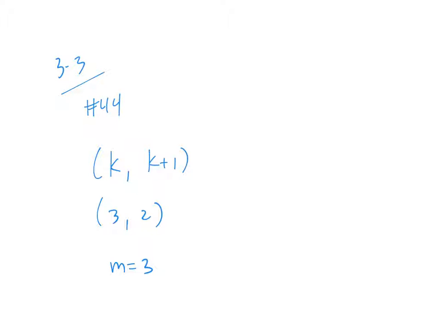So I have to think about my definition of slope. How would I find slope? Rise over run. Okay. Do you remember that from class too? Okay. K plus 1 minus 3 over k minus 3. Start over.